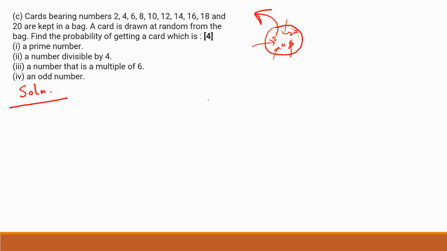How many total number of cards were there from 2 to 20? 10, right? 1, 2, 3, 4, 5, 6, 7, 8, 9, 10. Total number of cards in the bag was 10, right?